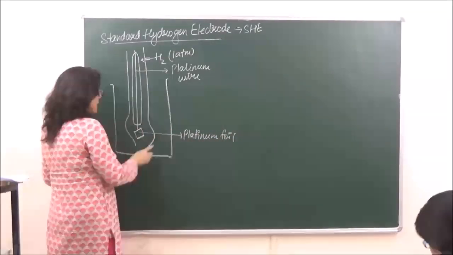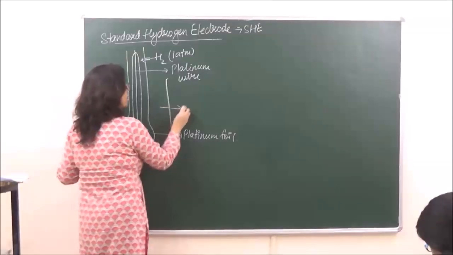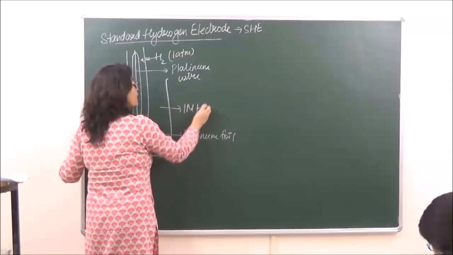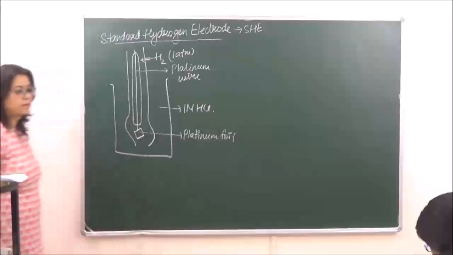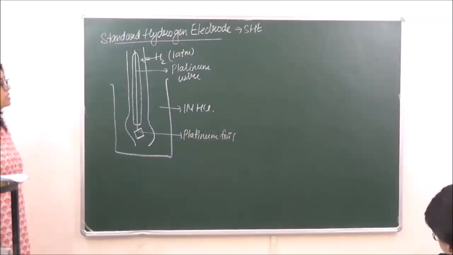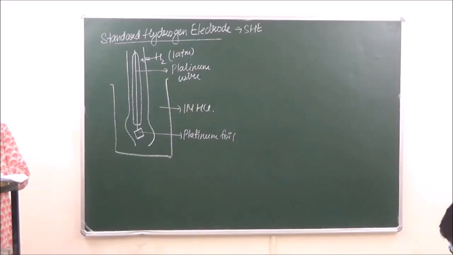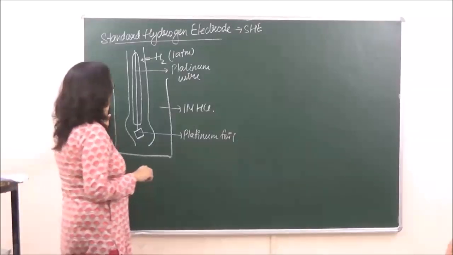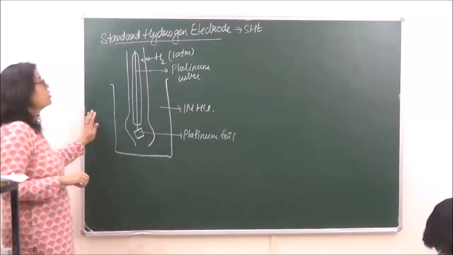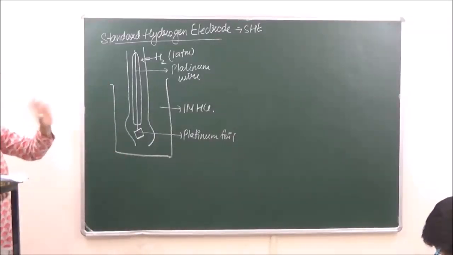Platinum foil, and the electrolyte which we are taking over here is 1 molar HCl. Okay, so this is what a hydrogen electrode or standard hydrogen electrode is. This standard hydrogen electrode can be used as both cathode as well as anode, right?